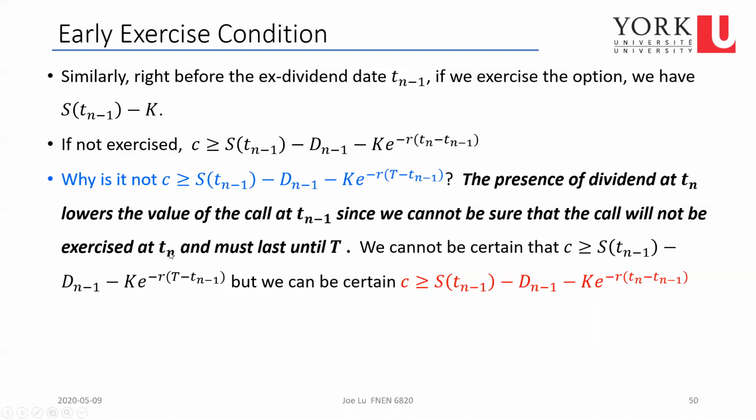We could exercise at Tn, right? So we cannot say that the call must exist beyond Tn, because it could be exercised at Tn.